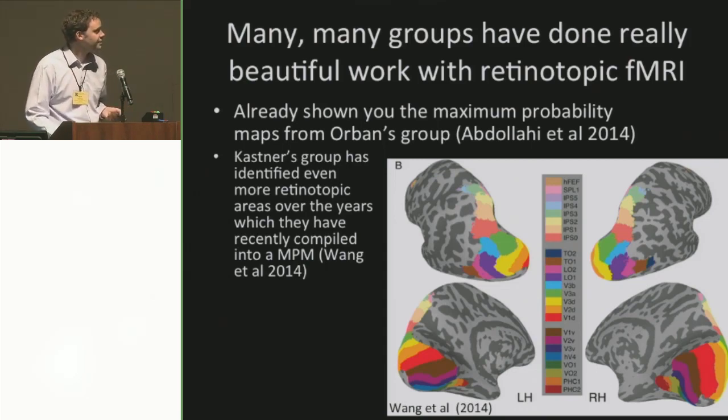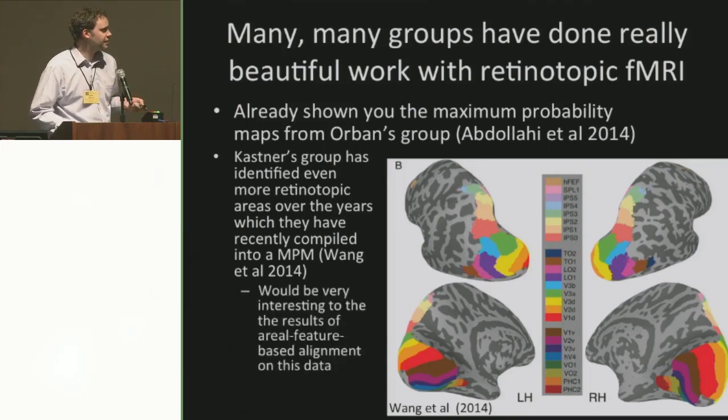In this one, though, they used only the folding-based registration. They didn't use areal feature registration, and you can see some on the edges there. The maximum probability map is kind of petering out. So it'd be really interesting to see this map based on areal feature alignment.